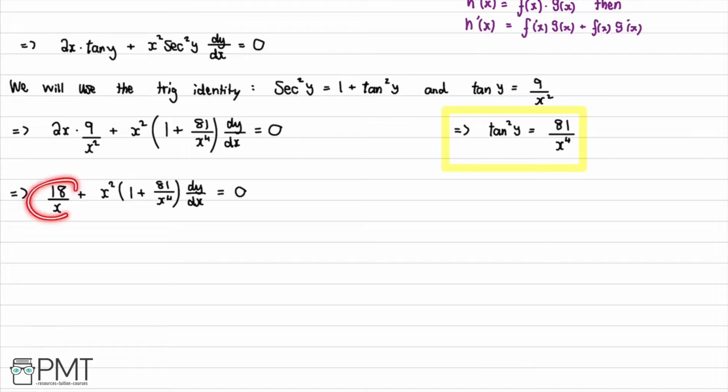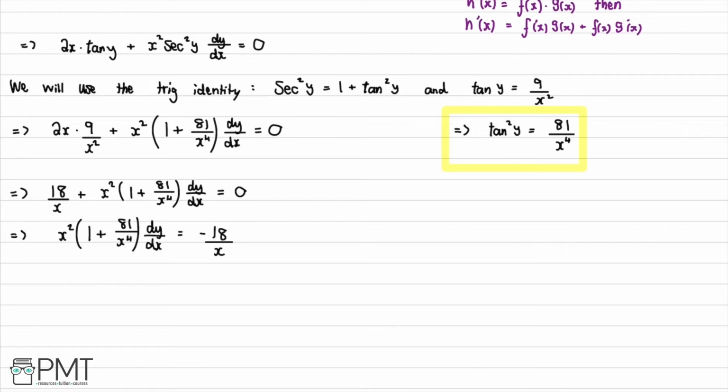And now we are going to subtract 18 over x from both sides. So therefore, we're going to have that x squared multiplied by 1 plus 81 over x to the power of 4, and of course dy by dx, is going to be equal to negative 18 over x. So what can we do now?